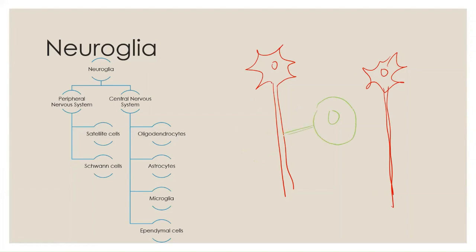And these extend processes to the nerve cells like this, and from the ends you have the processes extending out like this and wrapping around the axons. So these have the same function as Schwann cells. Within the central nervous system, these serve the purpose of the Schwann cells. These are the oligodendrocytes.